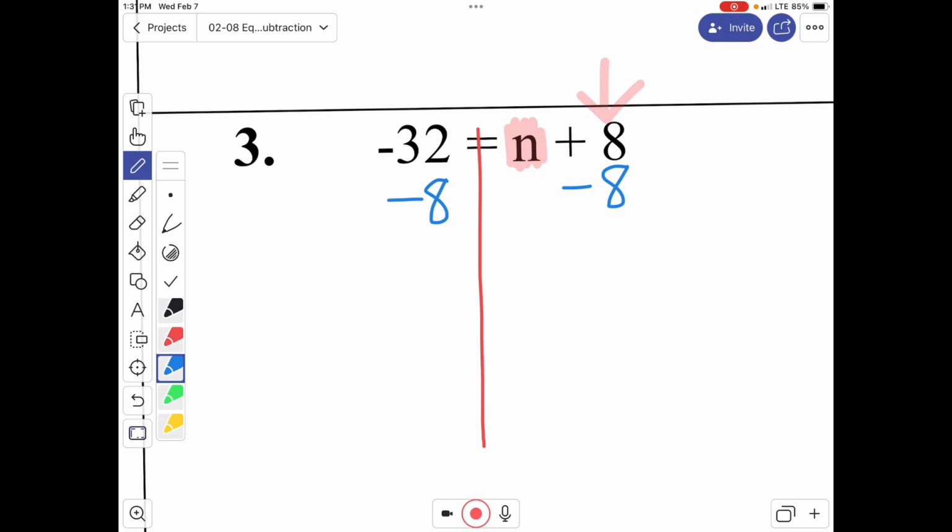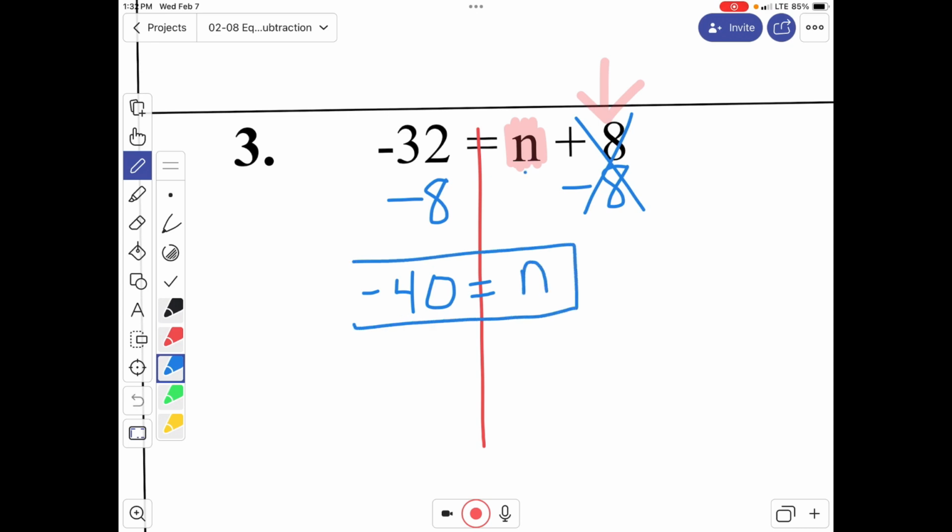So we have a negative 32 and a negative 8. Same signs, we just add. So 32 plus 8 makes 40, and we keep the sign. Equal sign goes straight down. The 8's are opposites, so they cancel. And the only thing on the right side is N.